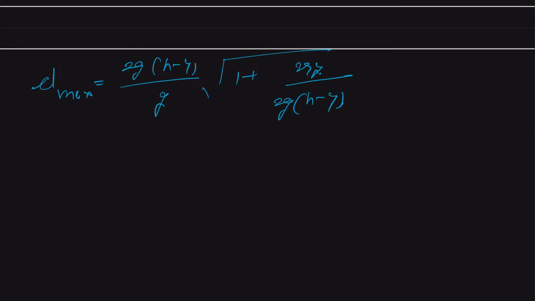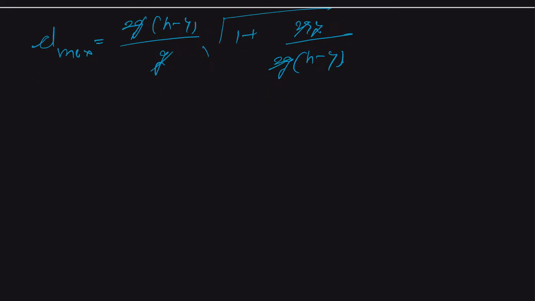Okay. And here we can cancel g and g, and 2g and 2g go, and we can just solve inside the square root. So we get d max will be equal to 2 times the square root of (h minus y) times (h minus y plus y), giving us, sorry, h minus y plus y, which will be h upon h minus y.